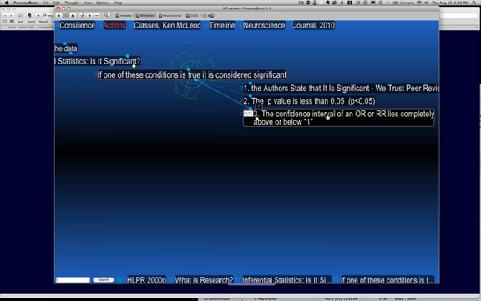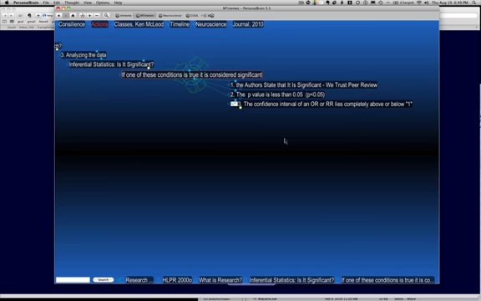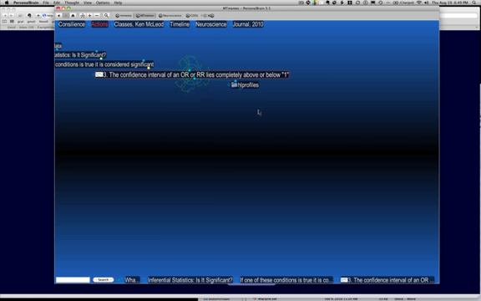The third type of decisive method that we have is a convenient factor that turns up only in the cases of odds ratios or relative risk ratios. The confidence intervals around those particular ratios give us an indication of whether or not the value of the odds ratio or relative risk is significant.